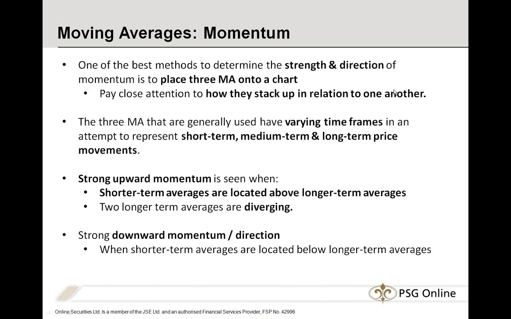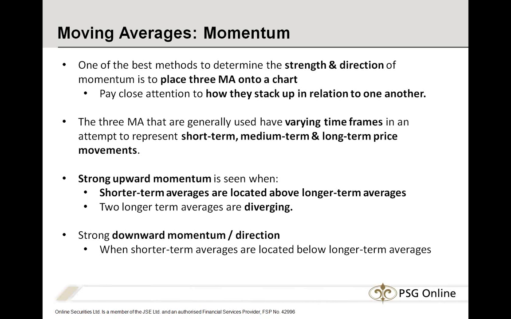Okay, to answer your question. Momentum: one of the best ways or methods to determine the strength or direction of a momentum is to place 3 moving averages on a chart, and I use that a lot. Pay close attention to how they stack up in relation to each other. You'll see just now when we talk about multiple moving averages that the crossover of these moving averages will help us determine the different time frames.